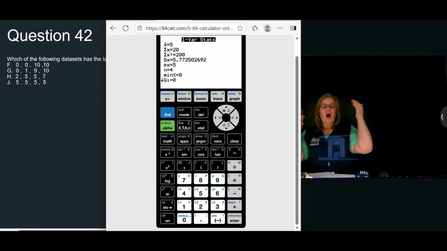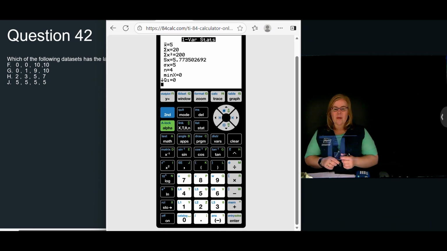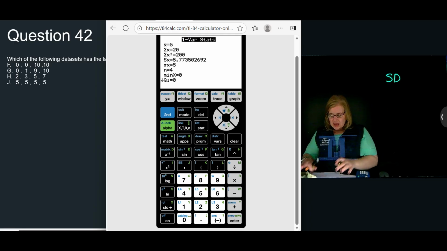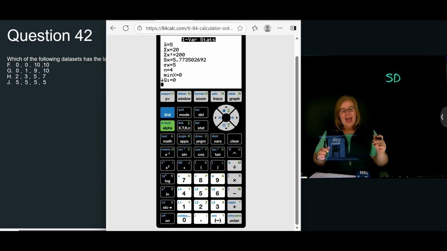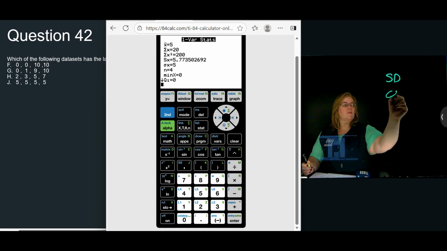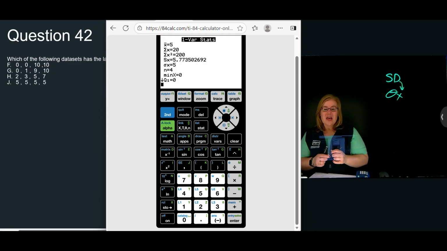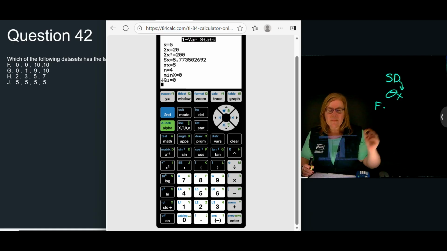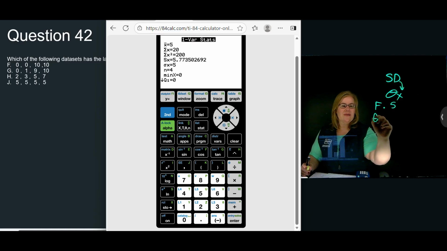I see all of these different numbers, but what I need is my standard deviation. My standard deviation has a symbol here, and it is this one. That equals standard deviation. It's the same thing. So my standard deviation for F is 5. So we're going to get it for G, H, and J.